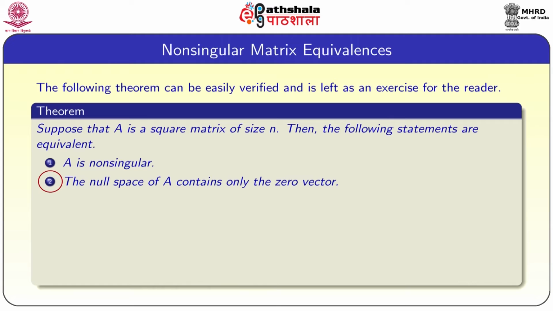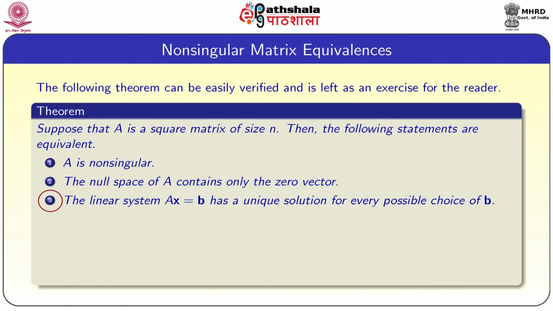The null space of A contains only the 0 vector, that is Ax equal to 0 implies x has to be 0. The null space of A is the collection of all vectors x such that Ax equal to 0. So, it contains only the 0 vector, then that is equivalent to A is non-singular.